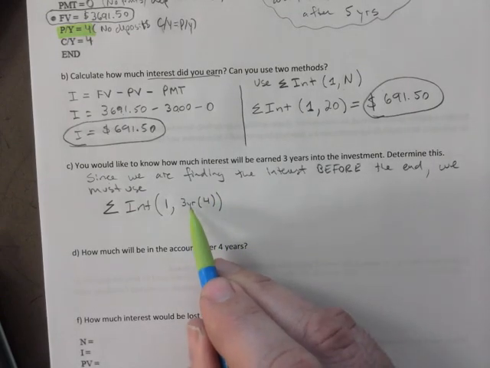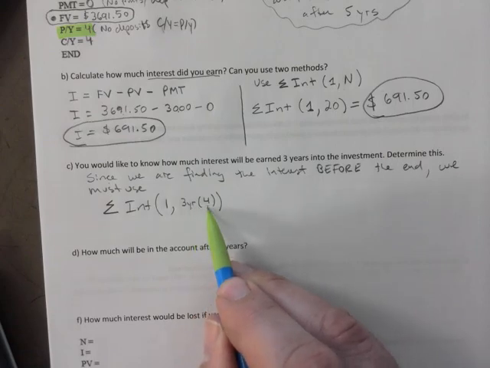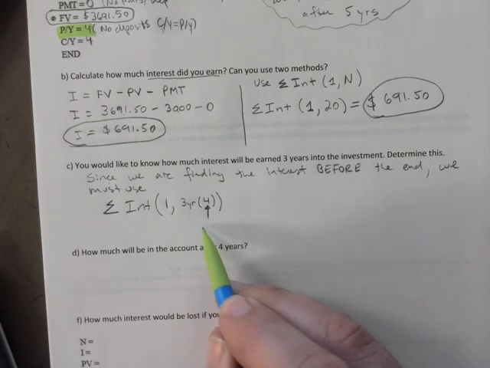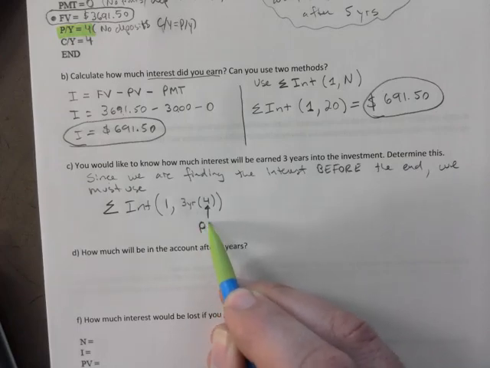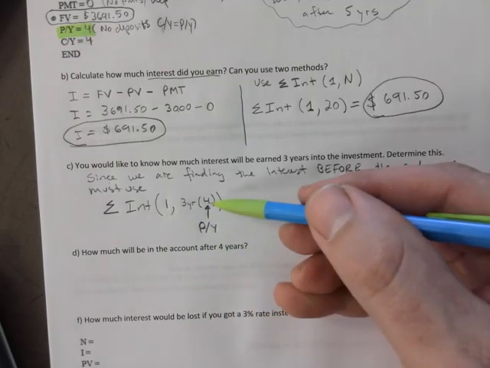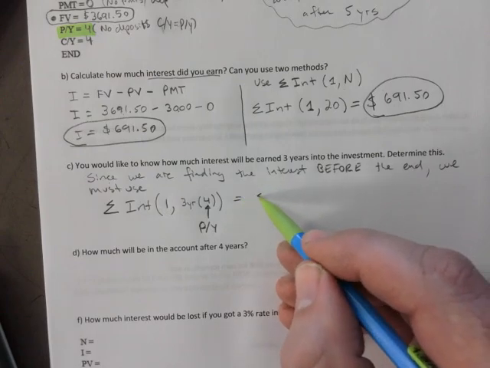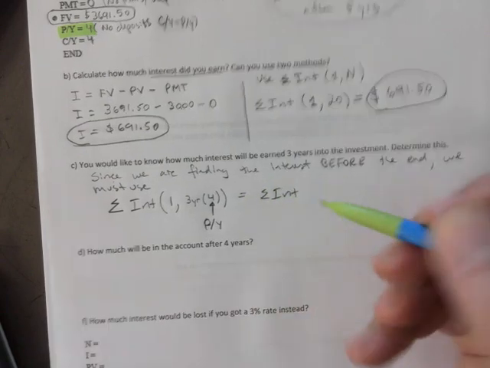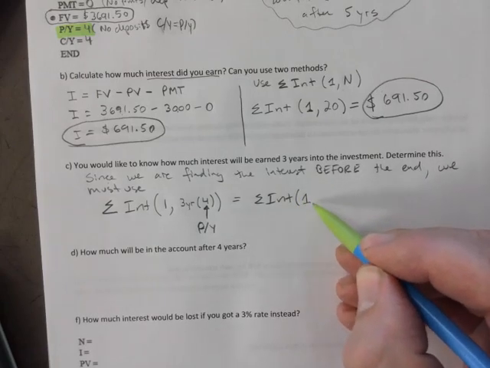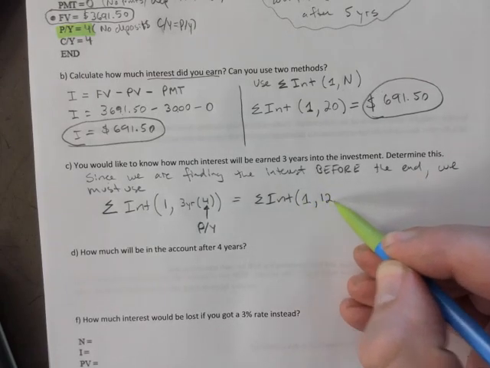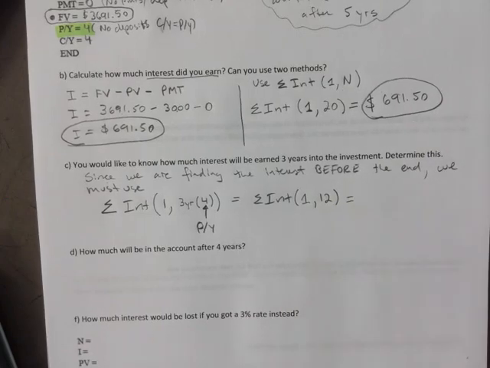You multiply the years by quarterly compounding, PY. You have to base it off of PY. So that's really sum of interest from the very first until the 12th compounding period. You cannot just put in 3, that's not going to be accurate.